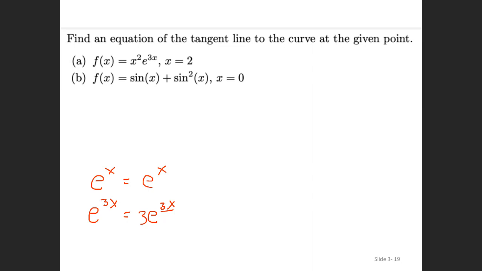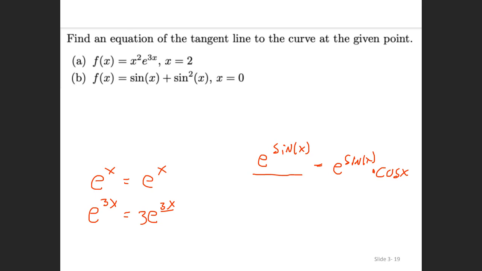What is the derivative of e to the sine of x? It's going to be the exact same function, e to the sine of x, times the derivative of the exponent. So that's going to be cosine of x. So that's how you take the derivative.